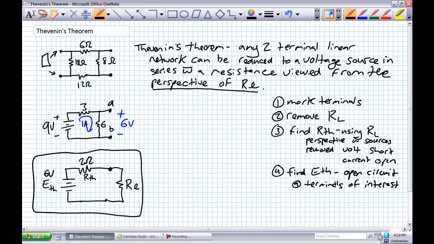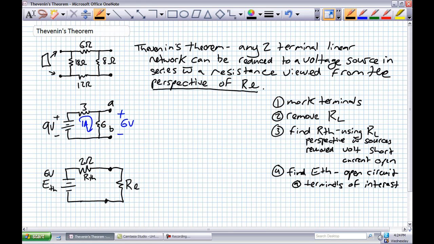Our network can be simplified with a Thevenin equivalent resistance of 2 ohms in series with a Thevenin equivalent voltage of 6 volts. Now, for those of you that are not convinced of the advantages of solving circuits using Thevenin's theorem, I challenge you to a race.